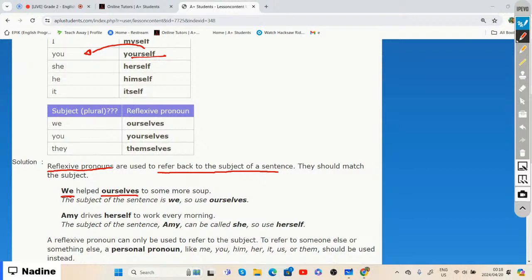Which means that we went and dished soup for ourselves. So we, which is our subject, helped ourselves, which is our reflexive pronoun, to some soup. We dished ourselves. That is what we mean, right?